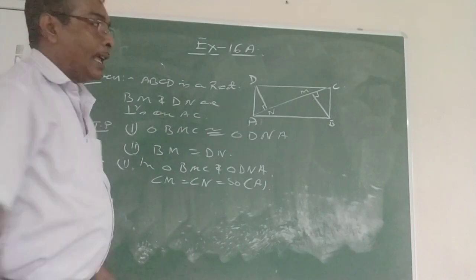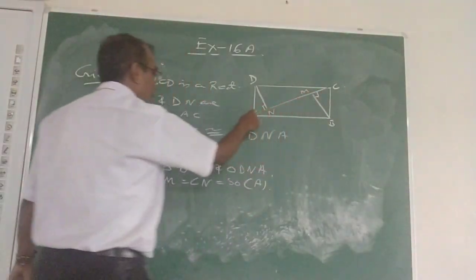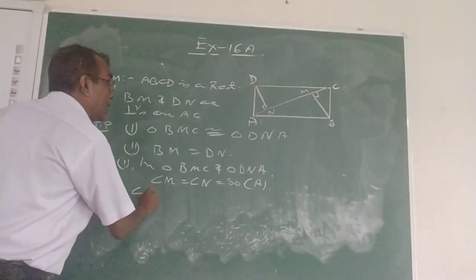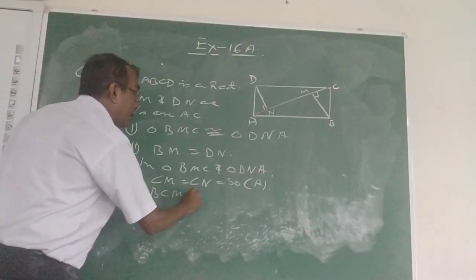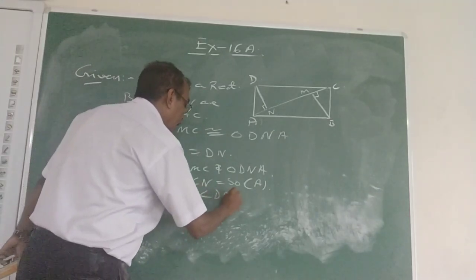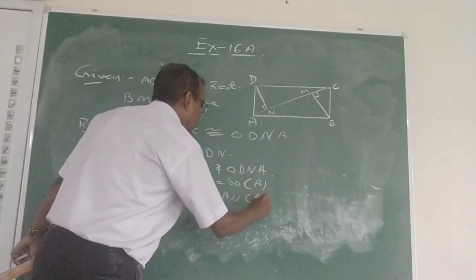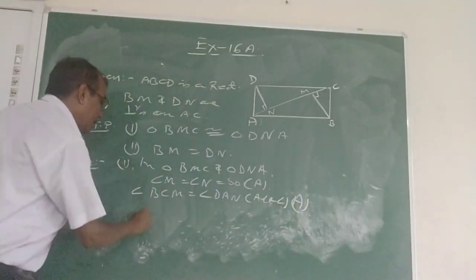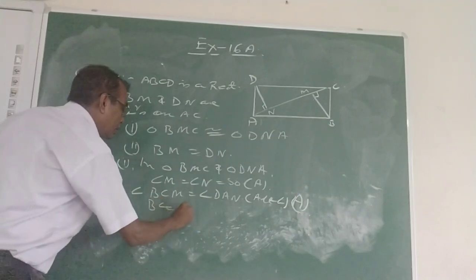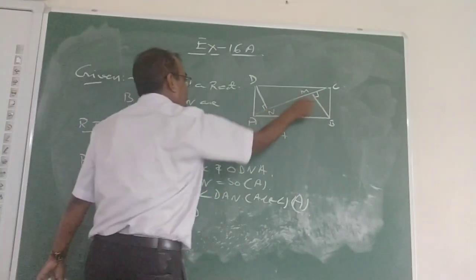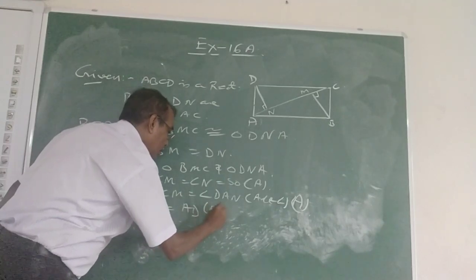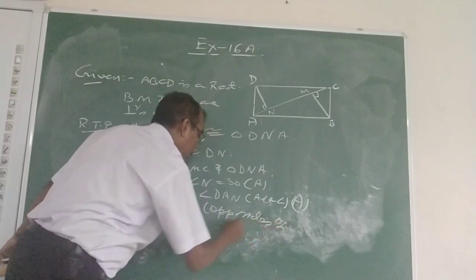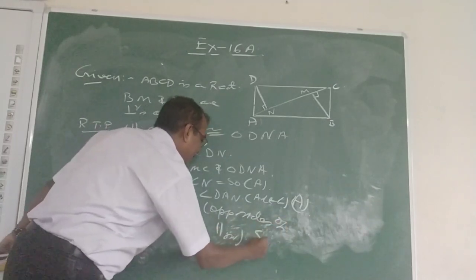And these two angles are equal: angle BCM is equal to angle DAN, alternate angles, A. And then BC is equal to AD, opposite sides of a parallelogram. Write here S.